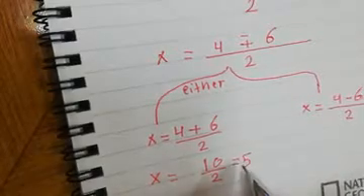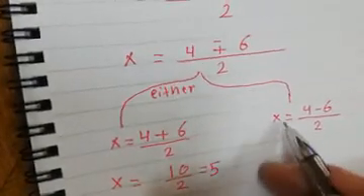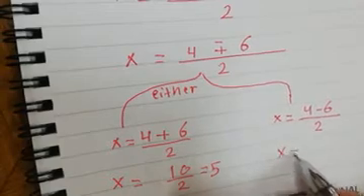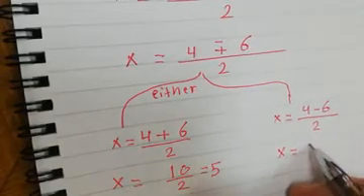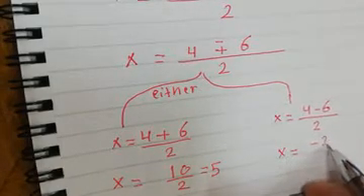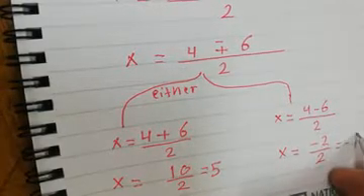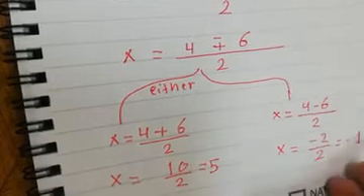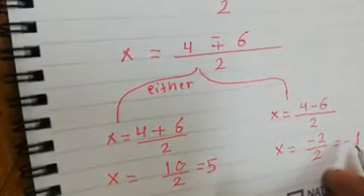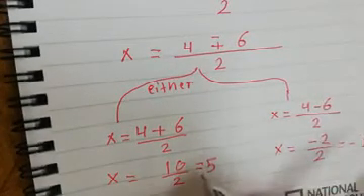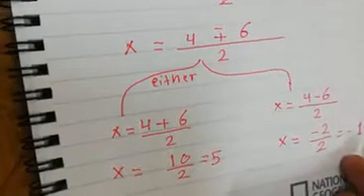This is the first solution, and here x will be 4 minus 6, it will be negative 2 divided by 2, which is negative 1. So we have two different real solutions, which are 5 and negative 1.